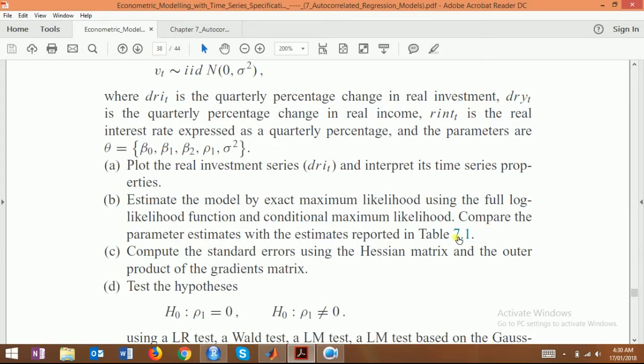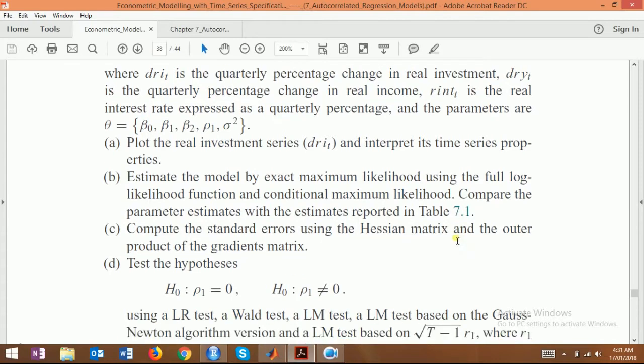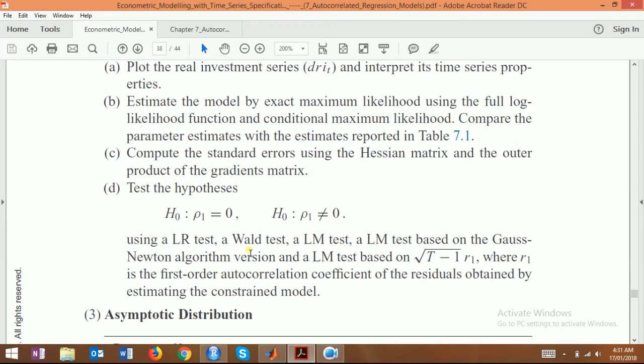Estimate the model by exact maximum likelihood using the full log likelihood function and the conditional maximum likelihood. Compare the parameter estimates with the estimates reported in table 7.1. Compare the standard errors using the Hessian and outer product of the gradients matrix.